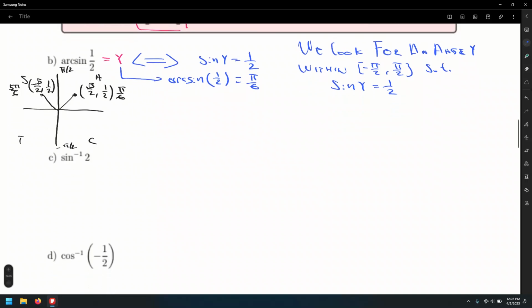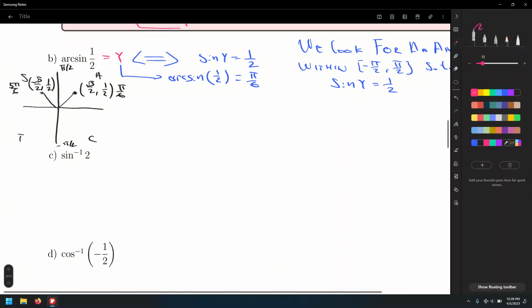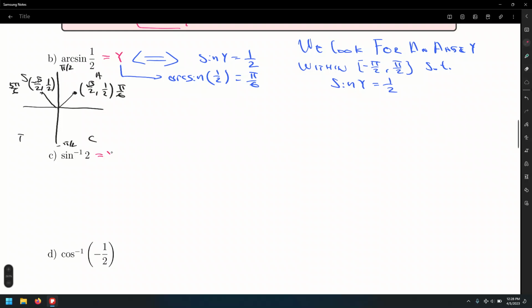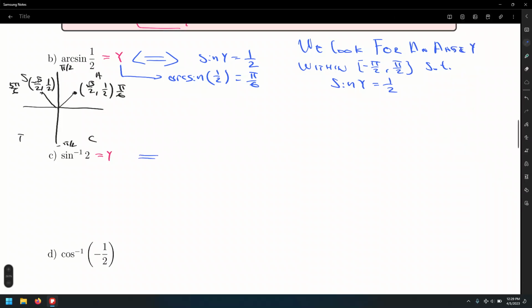All right. Let us see. Sine inverse of 2. What about it? Well, number 1, this is equal to some number y, whatever that is. And by the inverse function definition, this means sine y equals 2.